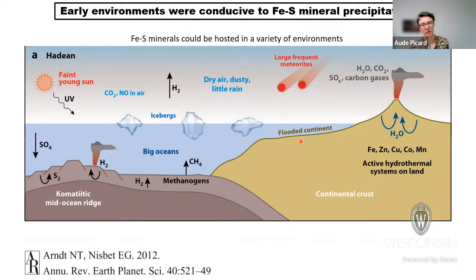If we look at modern environments, we have iron sulfide mineral precipitation mostly in the subsurface and sediments, but in early environments on Earth, we would actually have precipitation all over the place, including oceans.